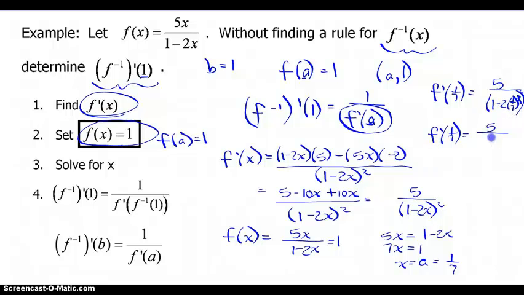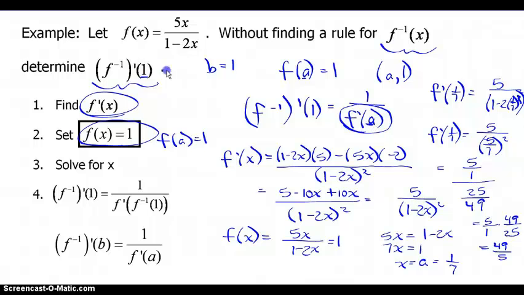That's 7/7 minus 2/7, so that is 5/7 quantity squared. So we have 5 over 25 over 49, and so that cleans up to 5 over 1 times 49 over 25. So that's 49/5, and that is f prime of a.